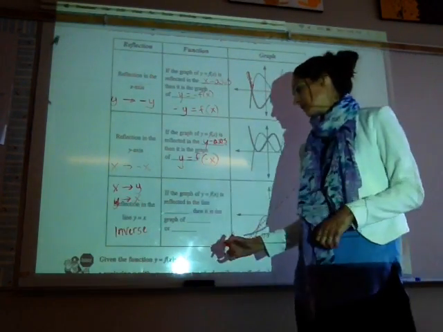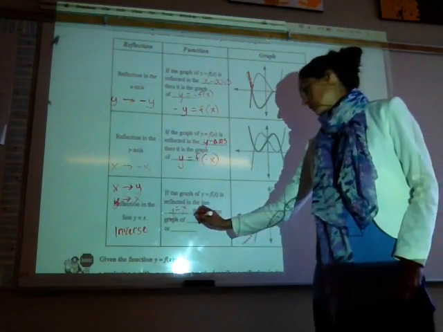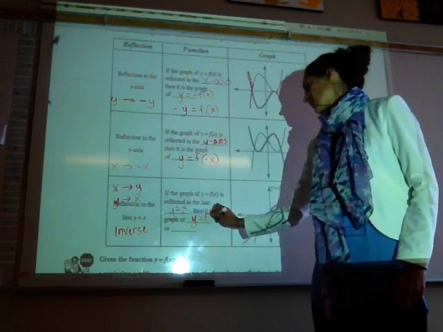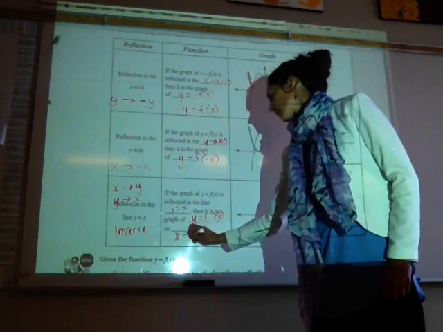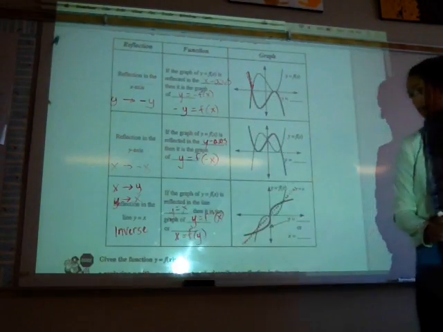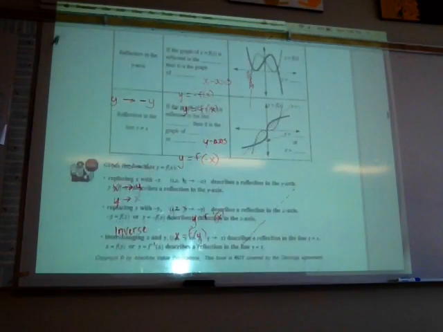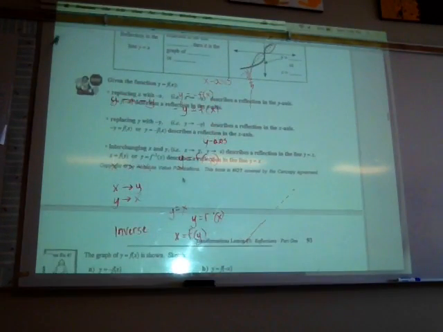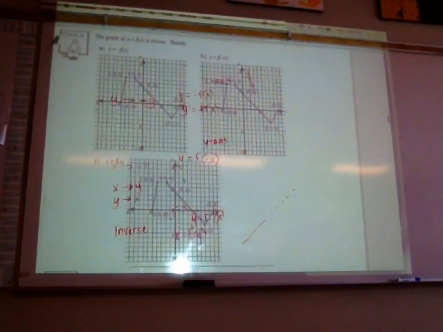So if we reflect our original function in the line y equals x, then we get the inverse function, or we can say that x is equal to f of y. So that's just a bit of a recap.